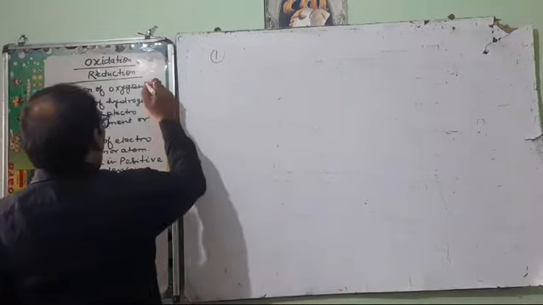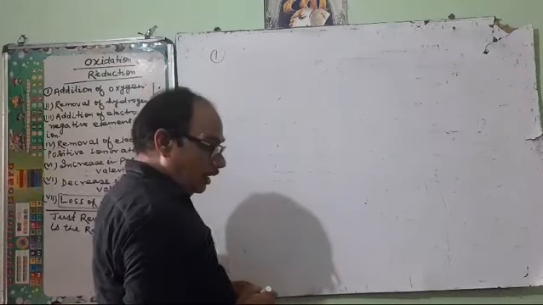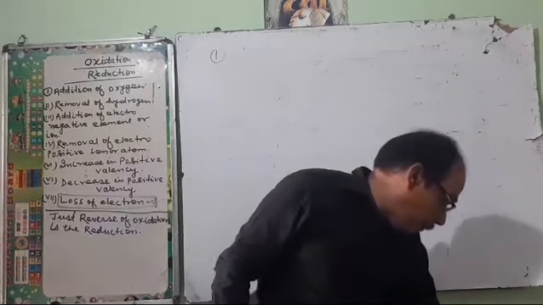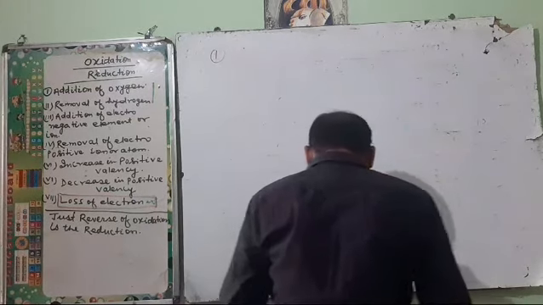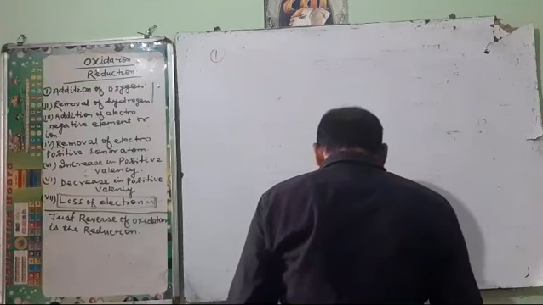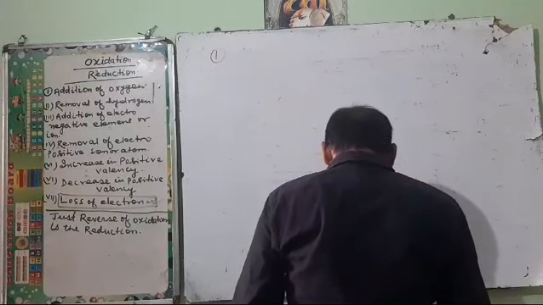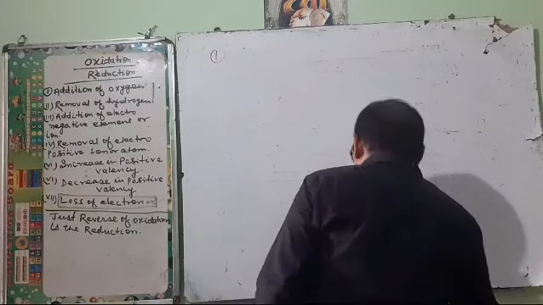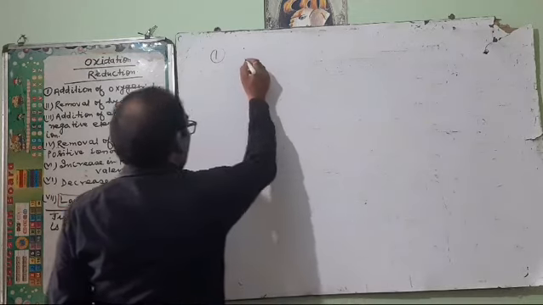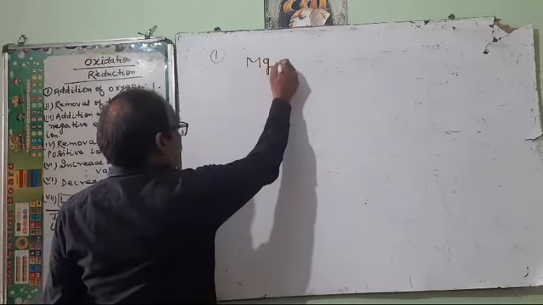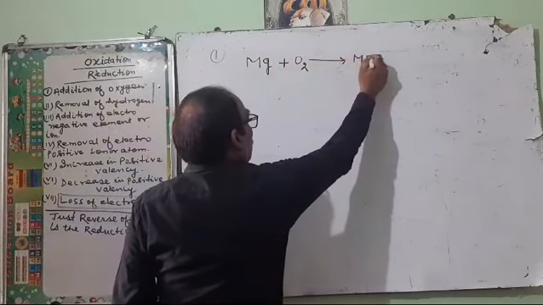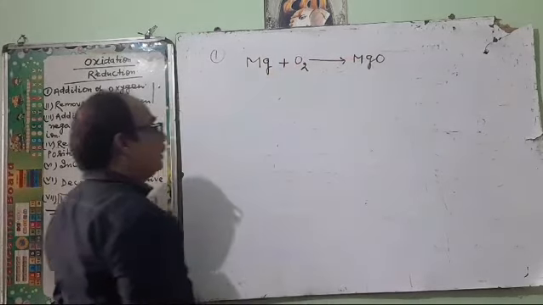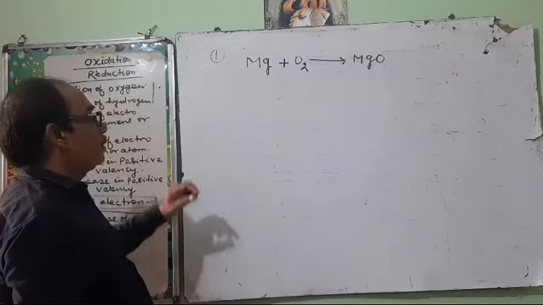So for the addition of oxygen, suppose in case of magnesium or zinc or carbon, right? Suppose magnesium is combining with oxygen. Then magnesium oxide is formed.